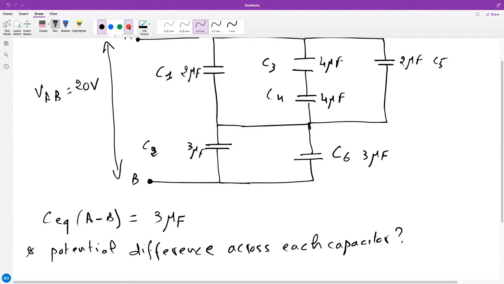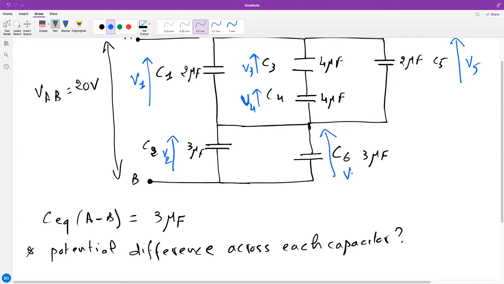Now, let me define the following. I will define V1 as the potential difference across C1, V2 the potential difference across C2, V3, V4, V5, and of course V6.